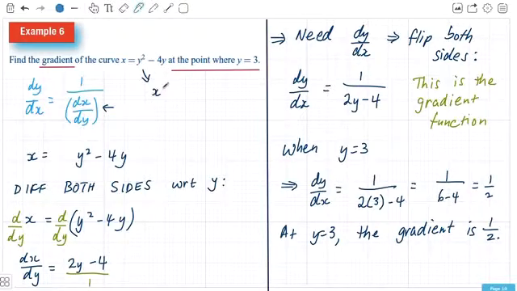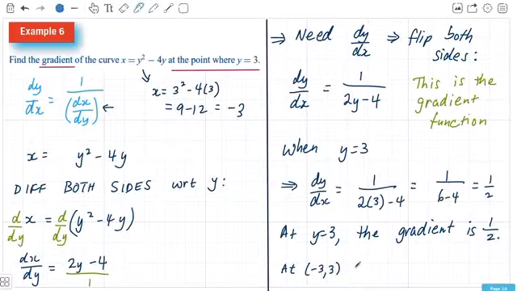You can see that when y equals 3, x equals 3 squared minus 4 times 3, 9 minus 12, which would be minus 3. So you'd actually have a point, which is minus 3, 3, with a gradient at that particular point. The gradient would be a half.